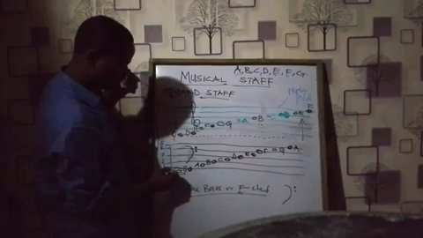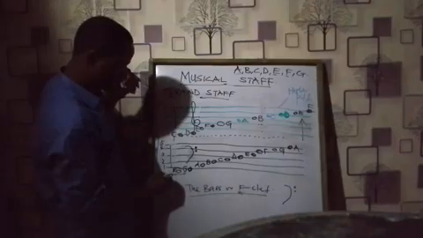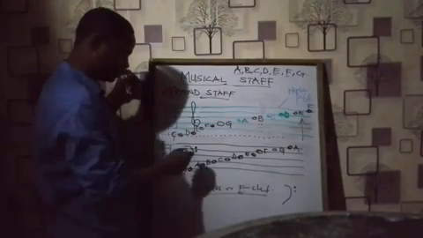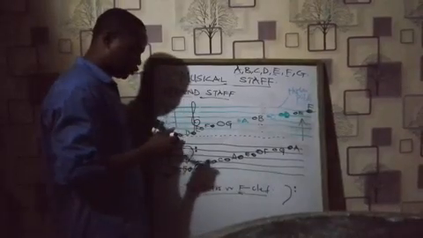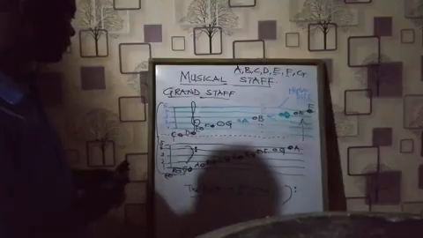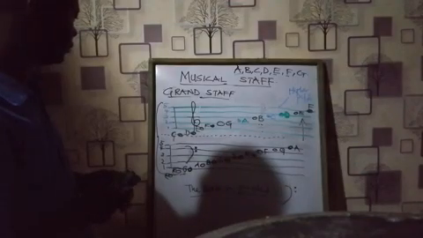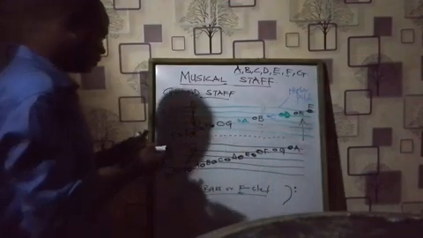You have F. On the line, you have what? You have E. It goes like that, like that. So let's see now. Okay, remain one.